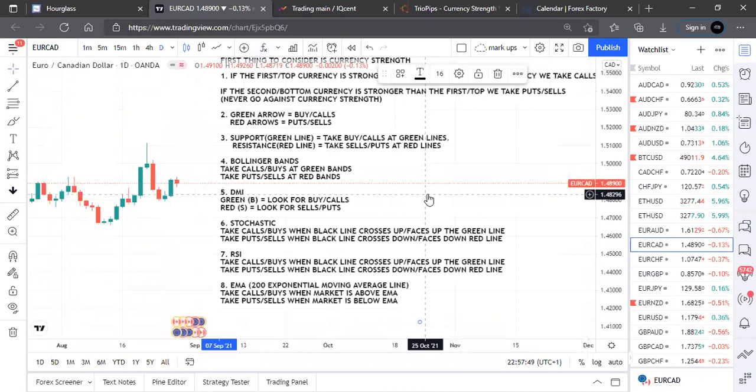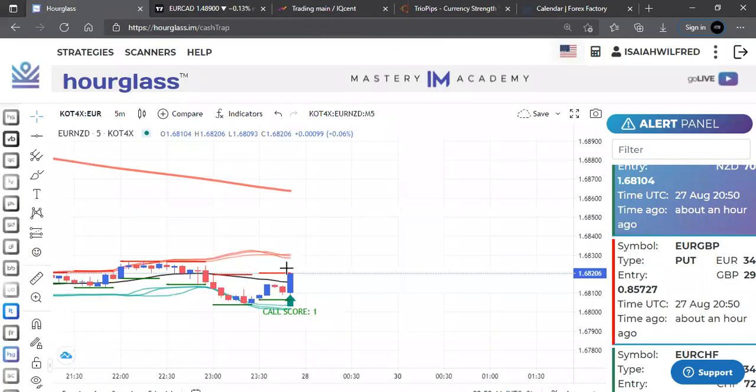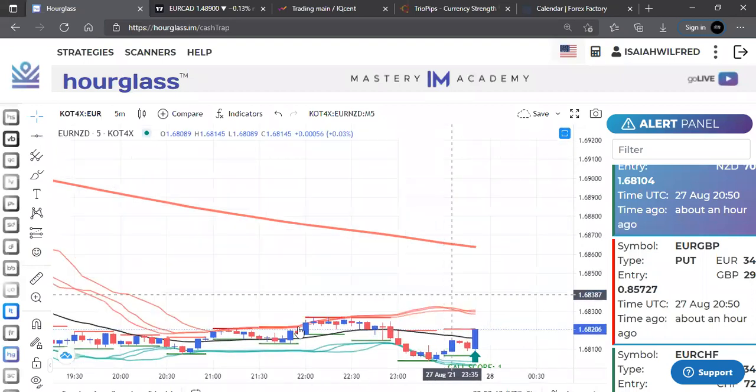All right, so the final and last point or confirmation we're going to be looking at is the EMA. The EMA means exponential moving average. Now, this is the EMA. Look at this thick line that actually changes color.